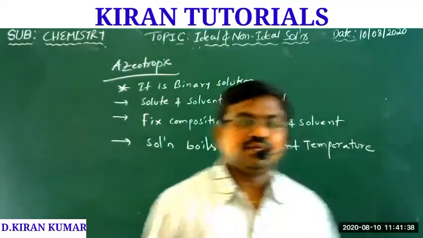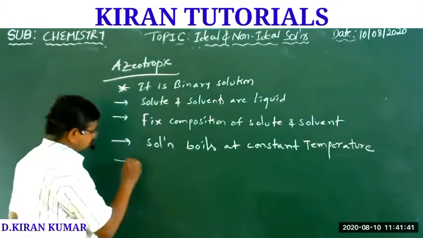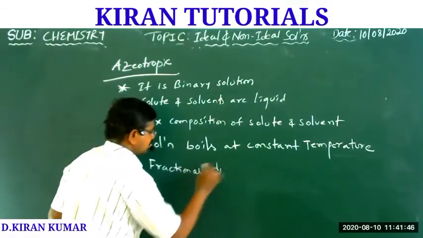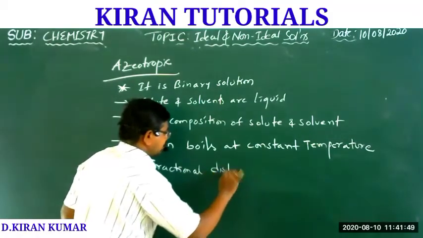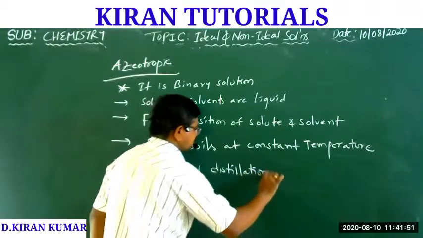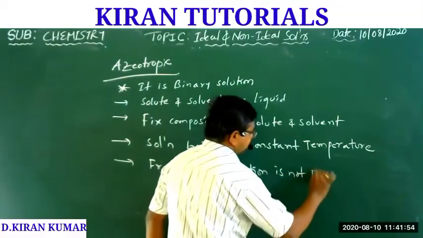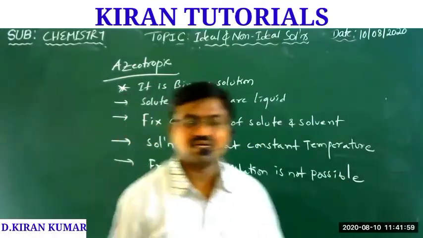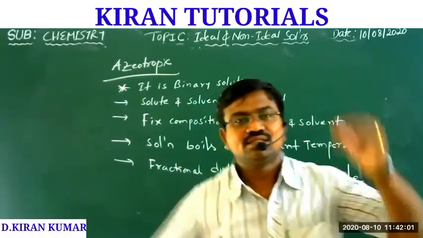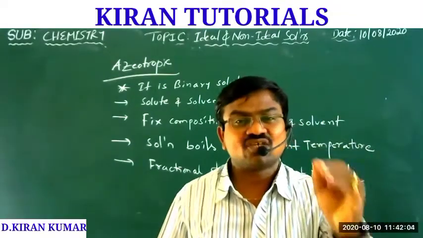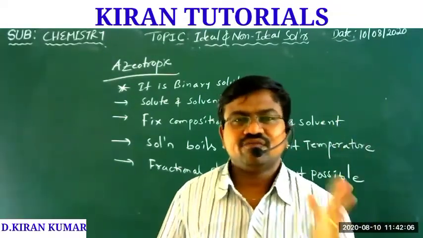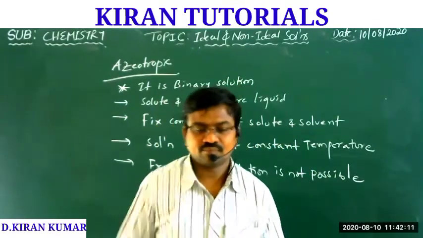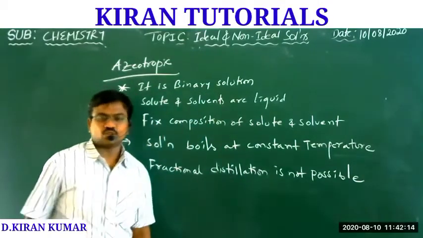Okay, and the important one, fractional distillation is not possible. That solution is called an azeotropic solution. It means the solutions which boil at constant temperature without any change in composition are called azeotropic solutions. So what does azeotropic solution mean?